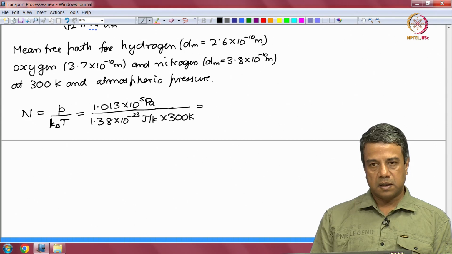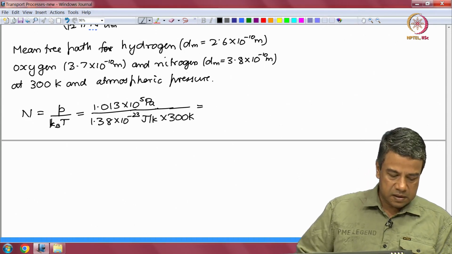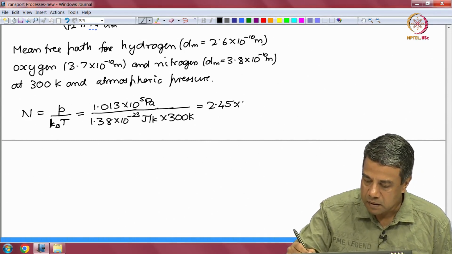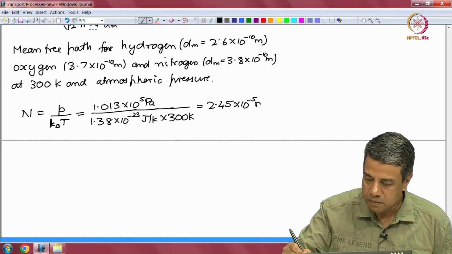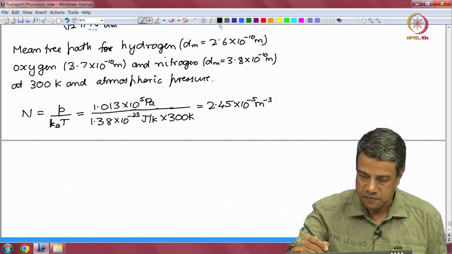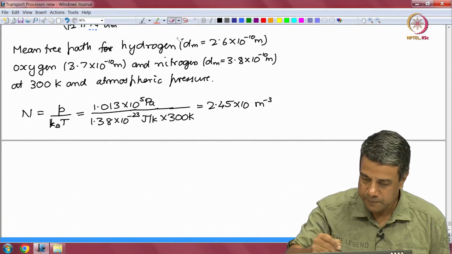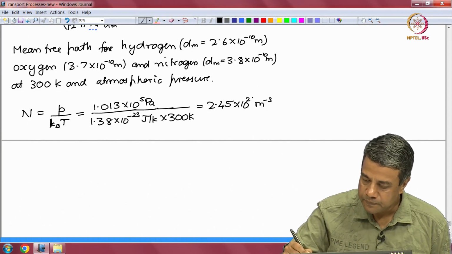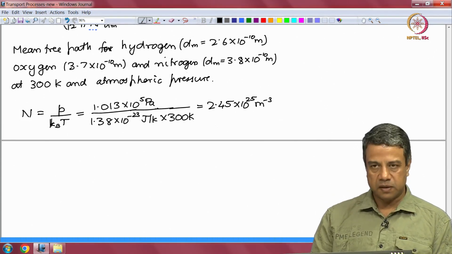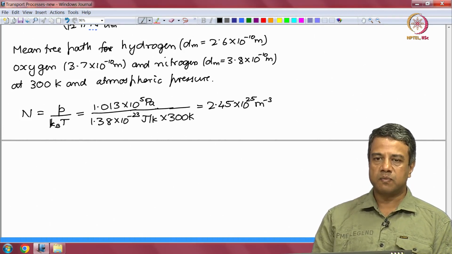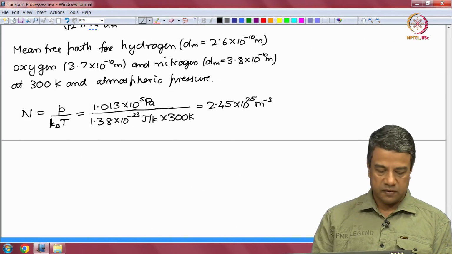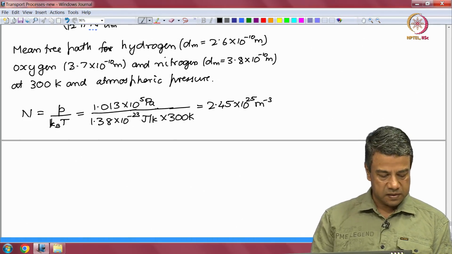The net result will be 2.45 into 10 power, I am sorry, not minus 5, 10 power 25 per meter cubed, that is 2.45 into 10 power 25 molecules per meter cubed of gas. So, that is the number of molecules per meter cubed of gas.